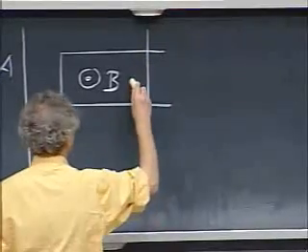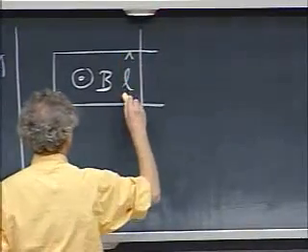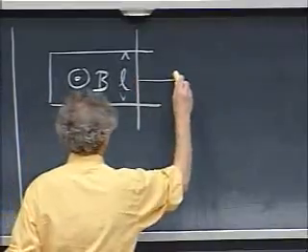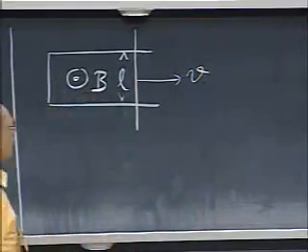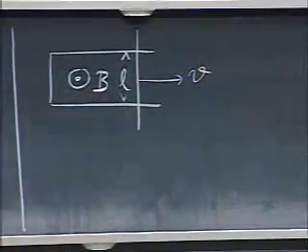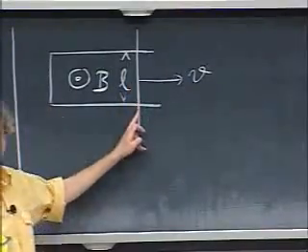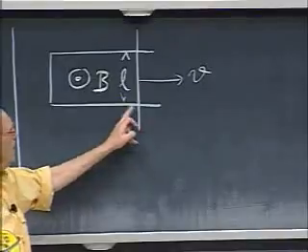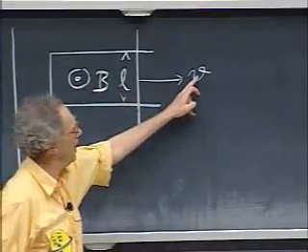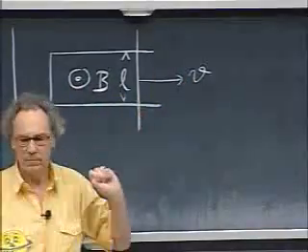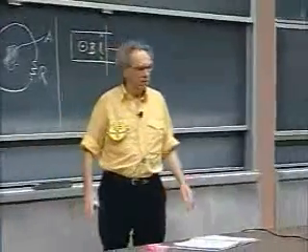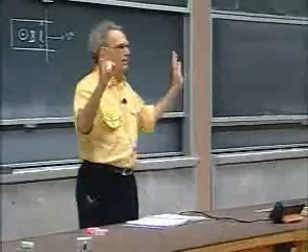And we have a bar here which has length L, and we move the bar with velocity v to the right. So this is a very simple case. V is perpendicular to the bar, and that makes it always easier. And B is perpendicular to the plane through V and L. So that makes all sines of theta, or cosines of theta, all one.